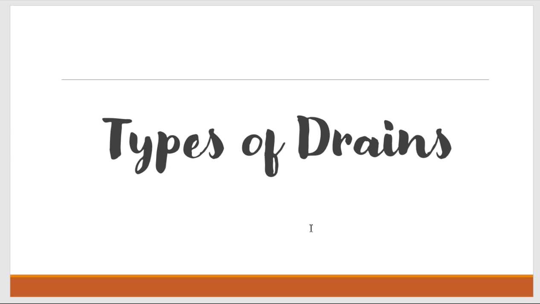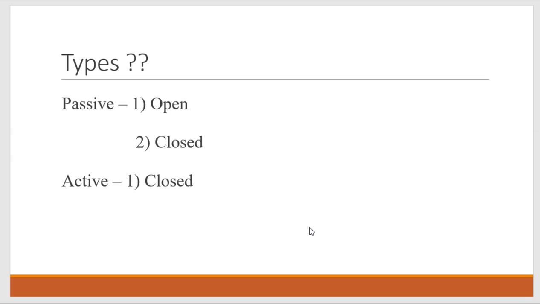In this video, materials used for making a drain, and now the various types of drains, the mechanism of how they function, and the different examples of various types of drains. Now, we can classify drains broadly into two groups: the passive drains and active drains.